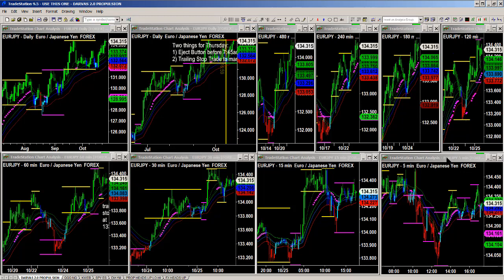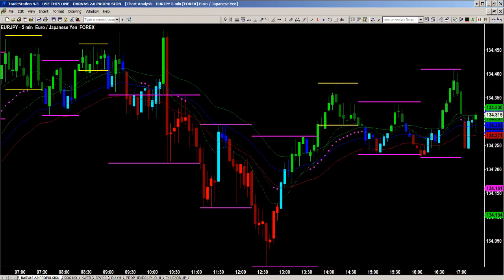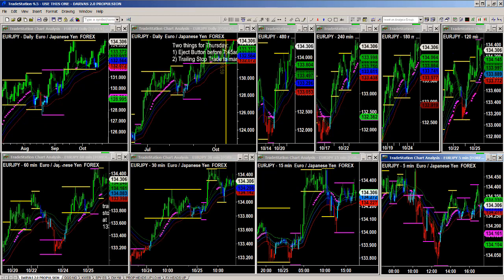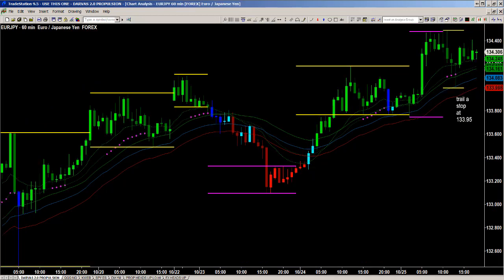What I mentioned is for those traders that don't want to sit through a longer term drop, think about where there might be some support and look for a guidance trade. I most often try to find these on a 5-minute, but it looks like our best alternative is actually going to be something like the 60. And I'd trail a stop just below the 134 handle at 133.95.